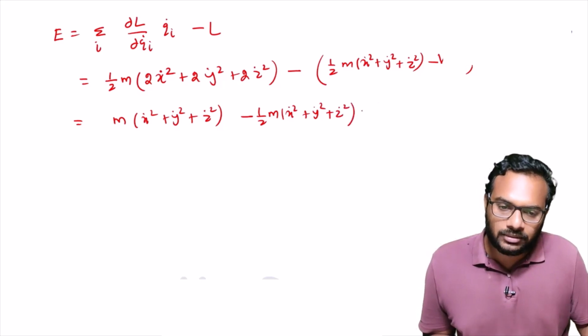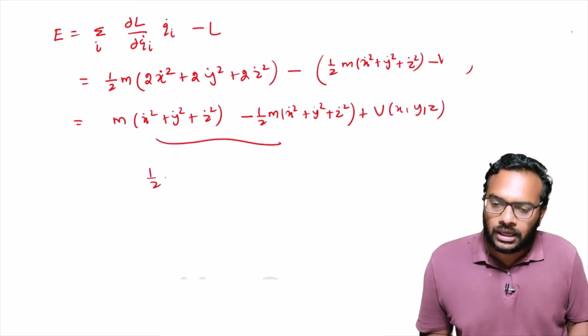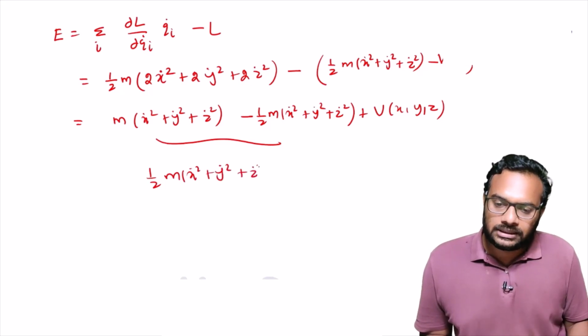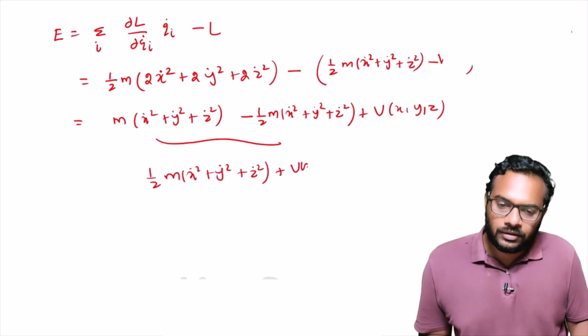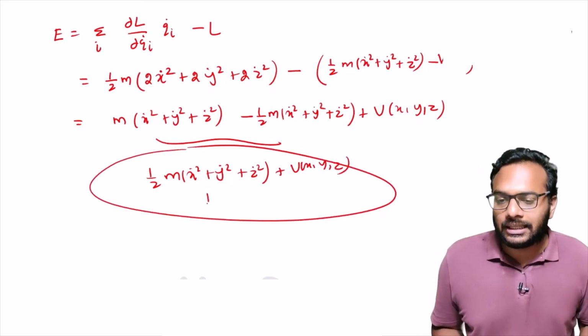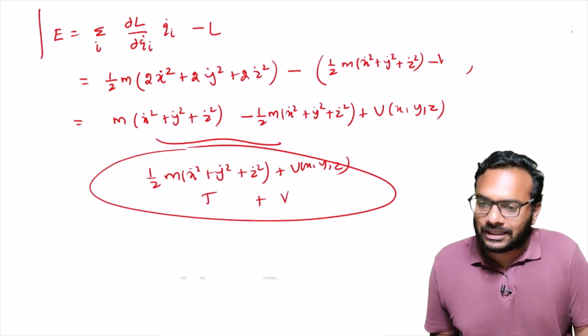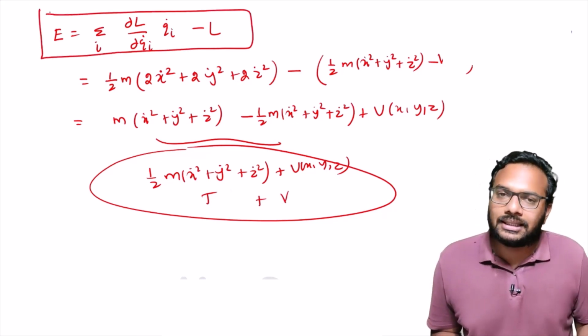This minus and minus will get a plus V of x, y, z. And what is this? This is equal to half m times x dot squared plus y dot squared plus z dot squared plus V of x, y, z, which is nothing but the total energy. This is the kinetic energy plus the potential energy, the total energy. So we see that for some cases this is actually the total energy that we are familiar with.